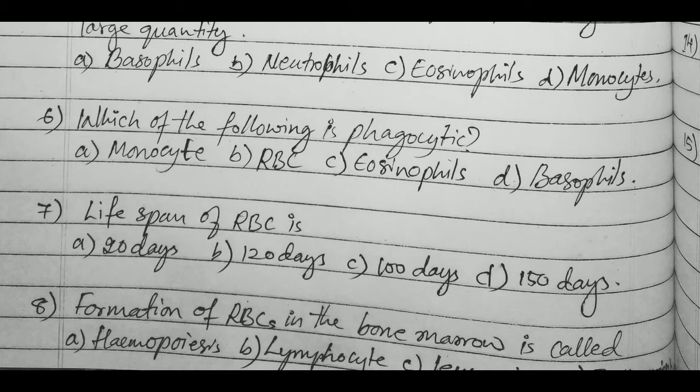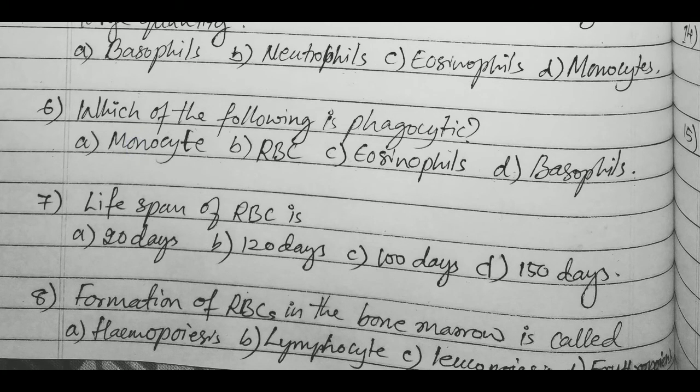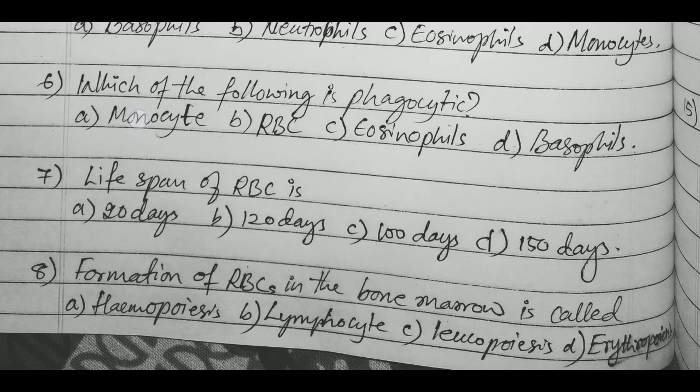Yesterday's video discussed that, so you need to keep the continuity of videos to understand this. Monocytes are phagocytic in nature, whereas RBC is not involved in any type of protection. It is just a gaseous transporting cell. Eosinophils and basophils are non-phagocytic, whereas monocyte is phagocytic. So the right answer is monocytes.